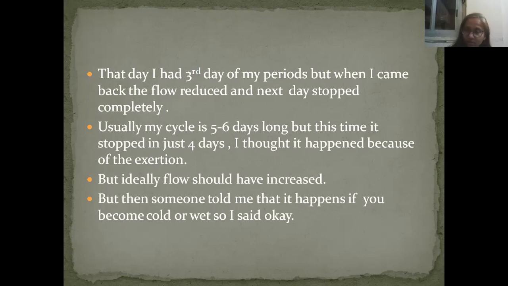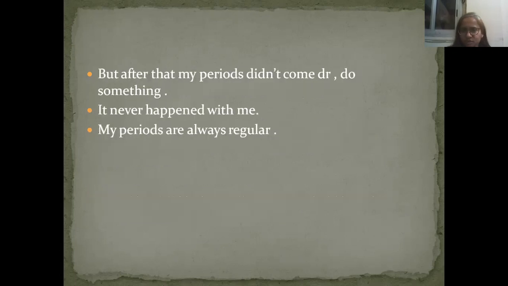And she also checked with the gynac, and there were no signs of cystic ovaries or any other pathology which could cause this amenorrhea. So she told me, it never happened to me, doctor. My periods were always regular. She is a very lean, thin lady, and she always had very regular periods.